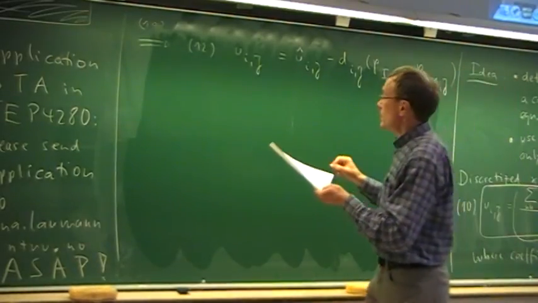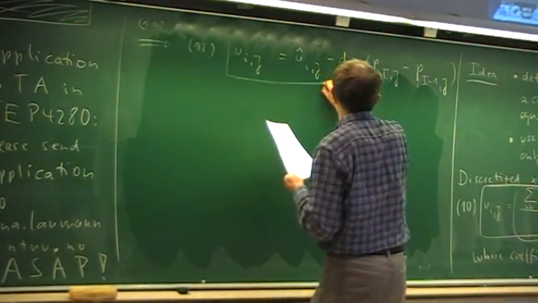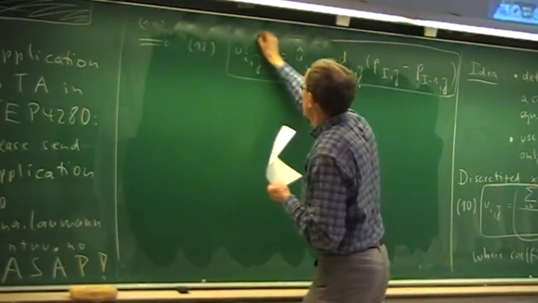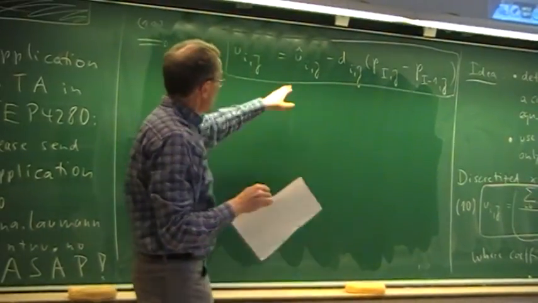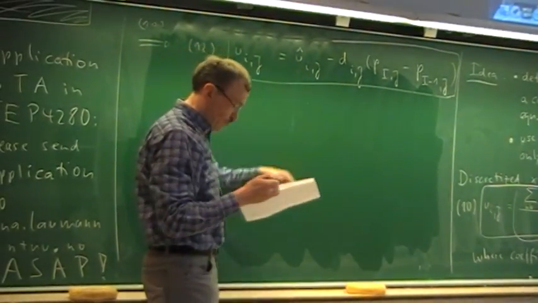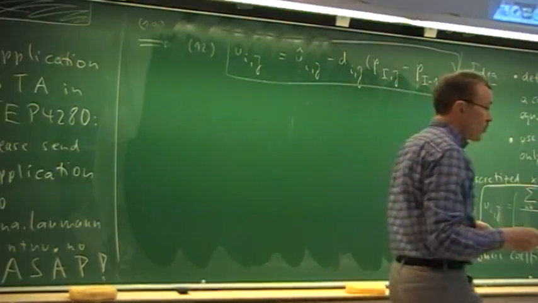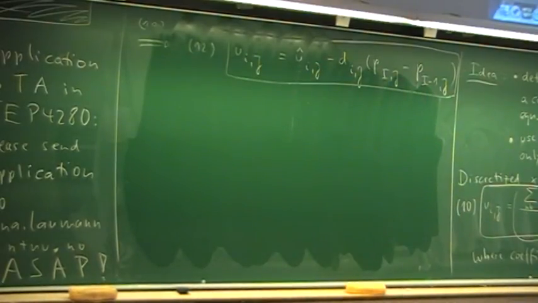So then we get this expression for the relation between velocity and the pseudo velocity that we can compute. And we can derive similar expressions in the y direction.